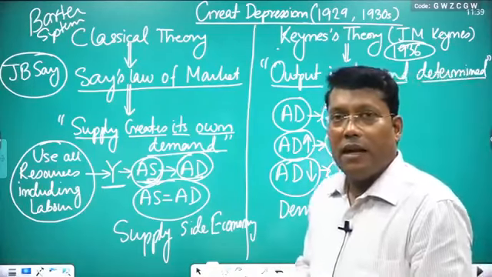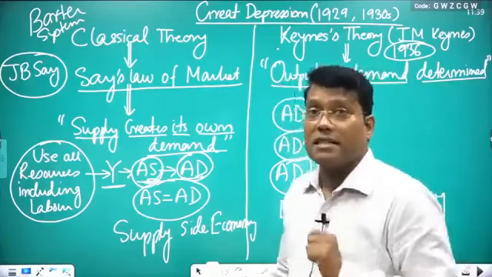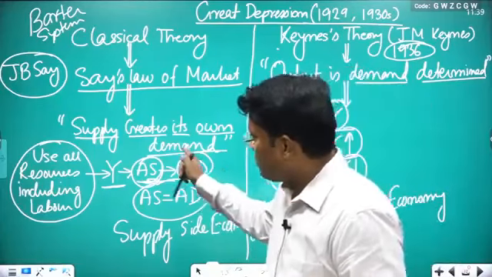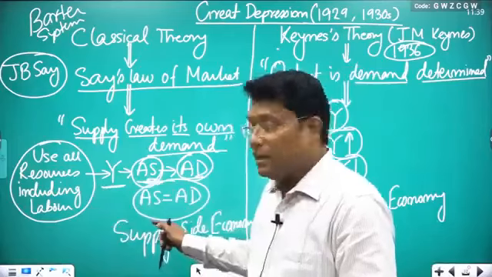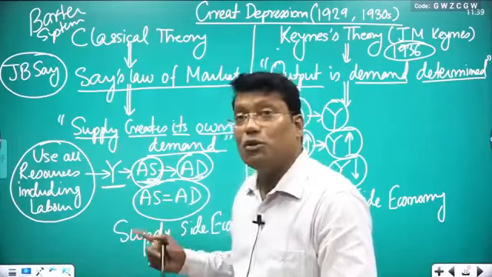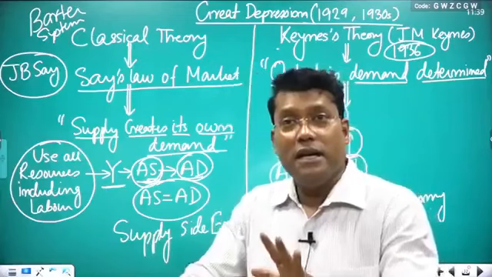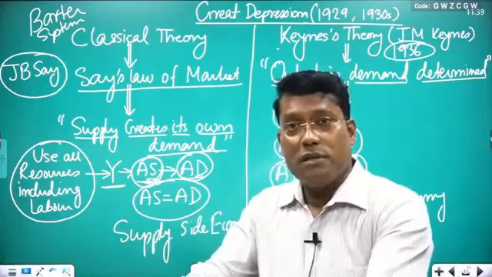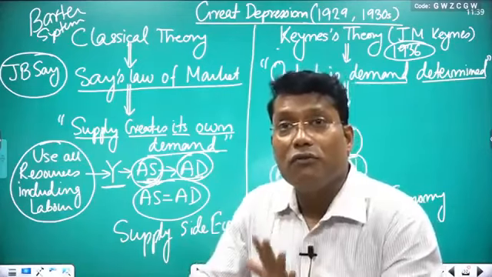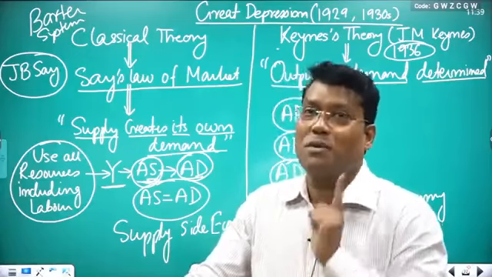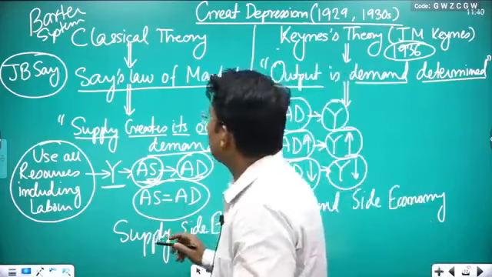Clear? As far as employment is concerned, think about what the classical theory says: use all resources including labor. When you have already used all labor and produced the output, the level of employment will definitely be full employment. Here it will always be full employment.